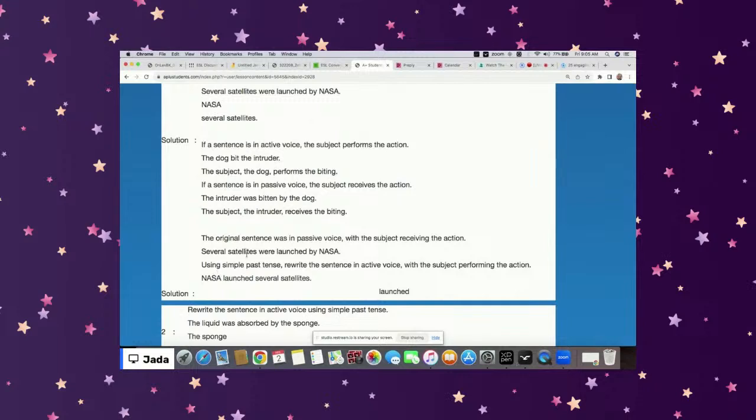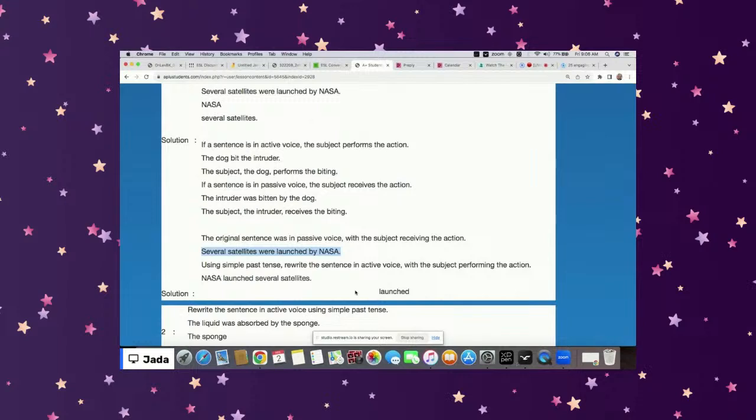But if you want it to be in active voice, you would make the subject perform the action. So NASA is the subject. So NASA launched satellites. Okay? We rephrase it in a way that the subject is performing the action.